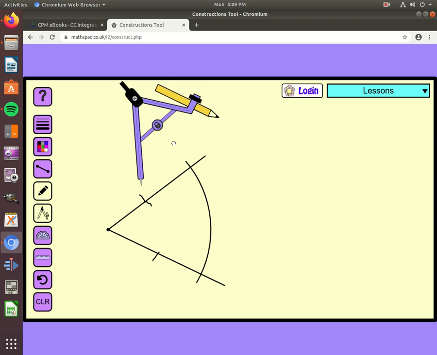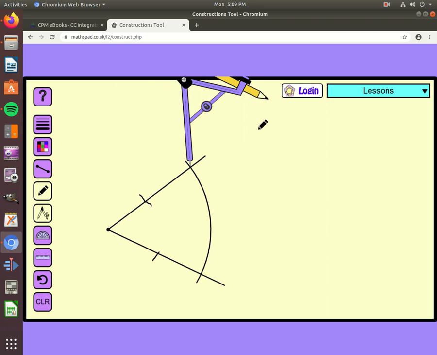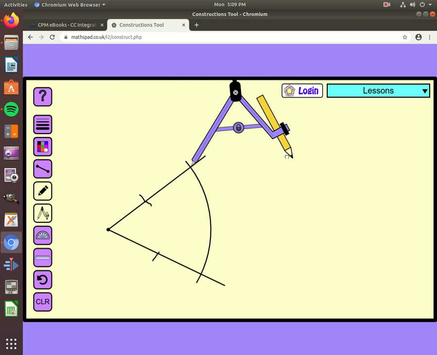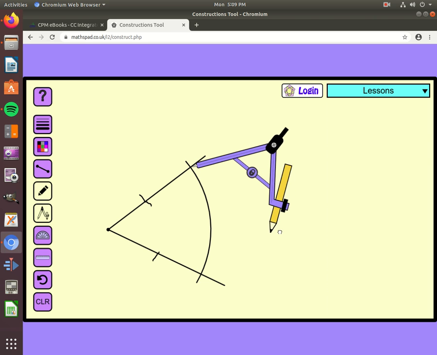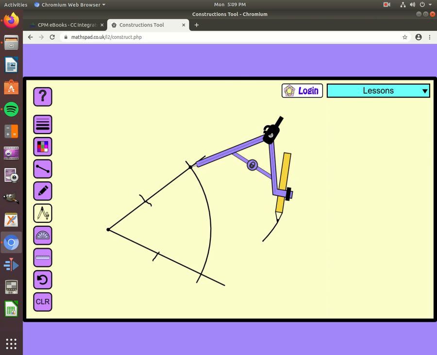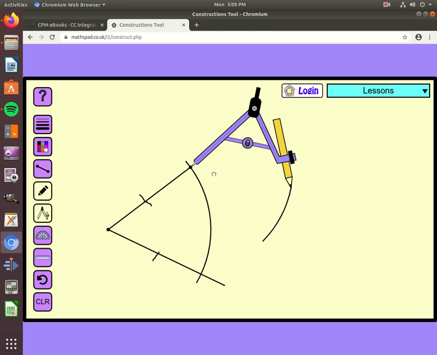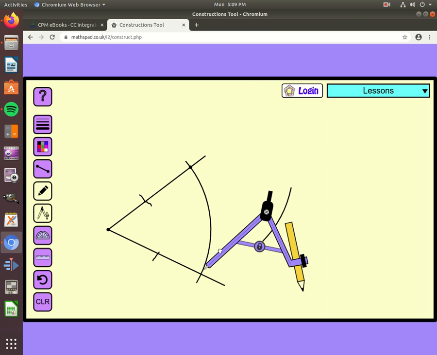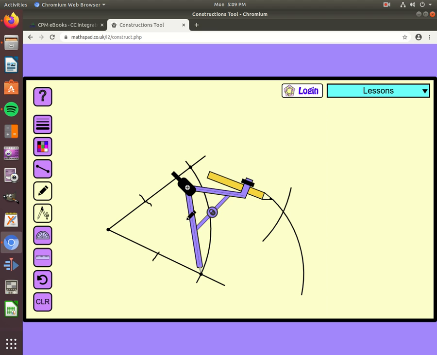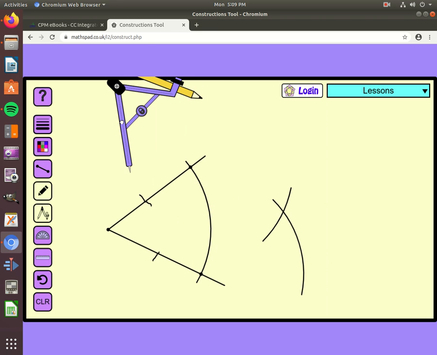Now I'm going to go here, grab this, and do it again. So I will make an arc here, and again I will go down here and make the same arc. And what we've done here is, again, come up with congruent sides.